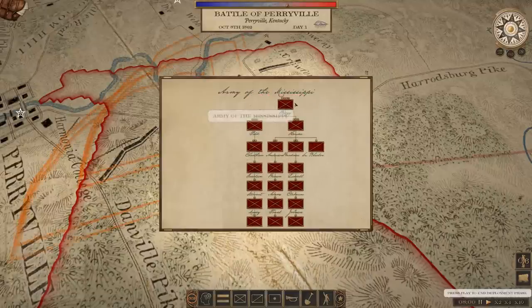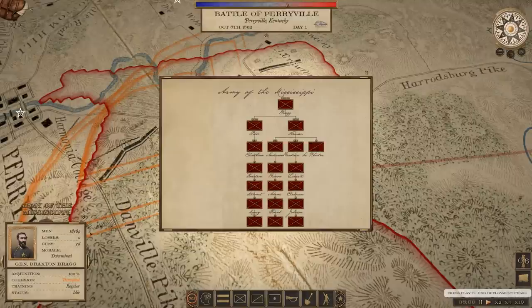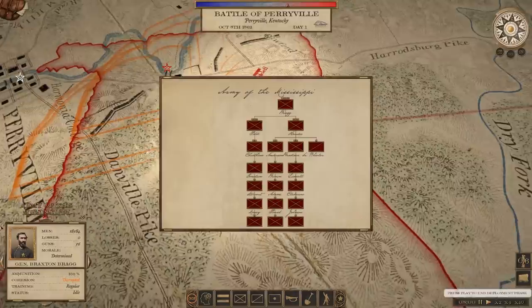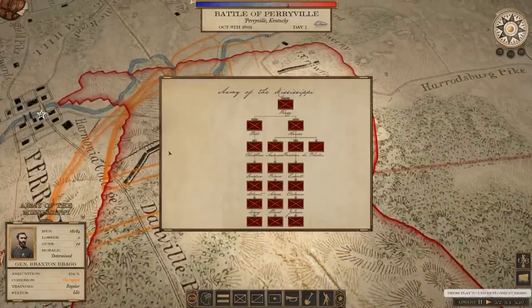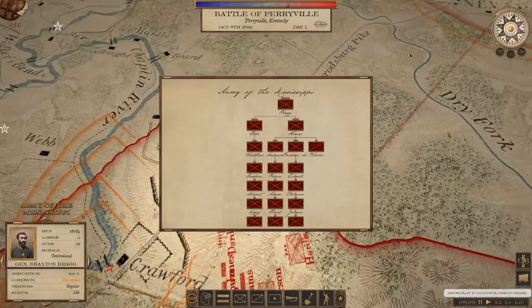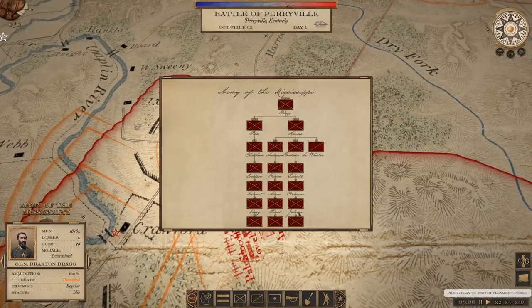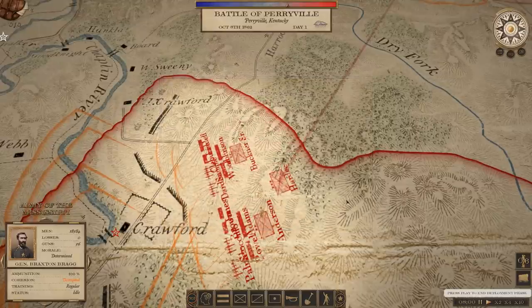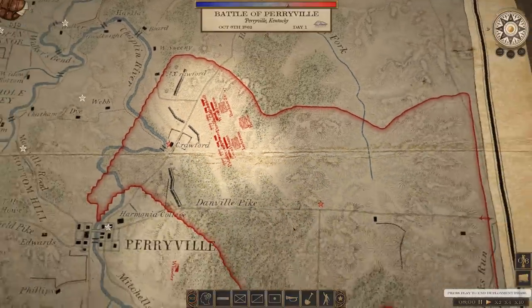And the total strength under Braxton Bragg is some 18,500, and our reports indicate that Buell has some 19,000 men, and perhaps some reinforcements also arriving in the battle. So for the time being, due to the readiness, we have a slight upper hand, but maybe during the battle the balance will go to the Union side.